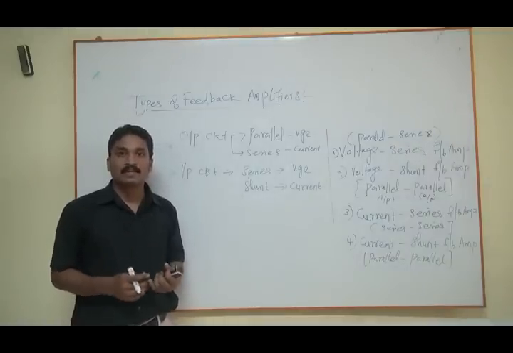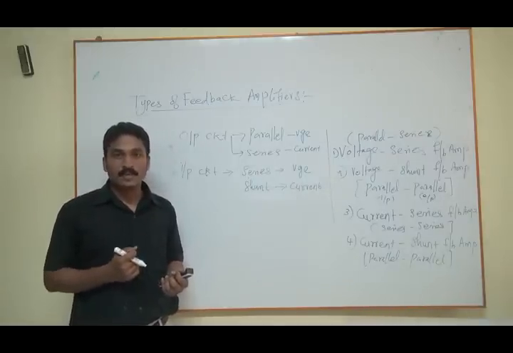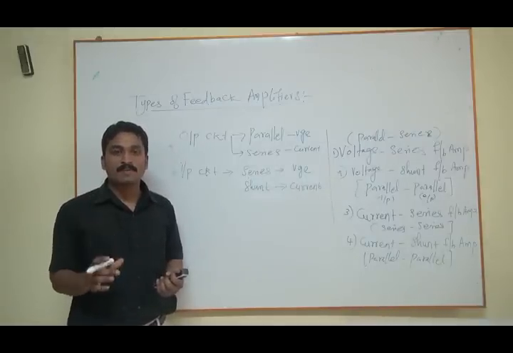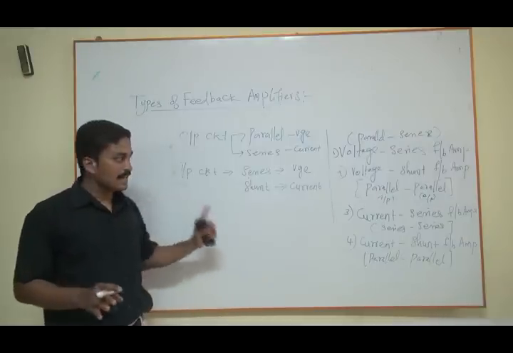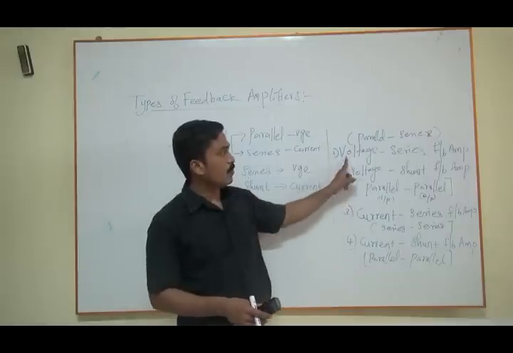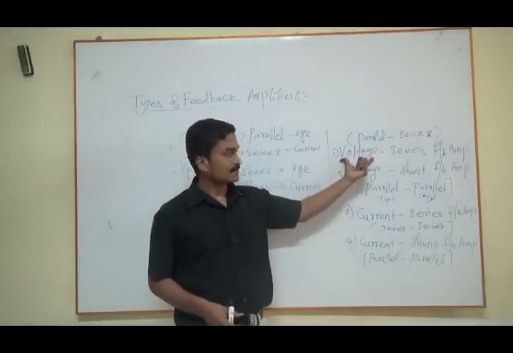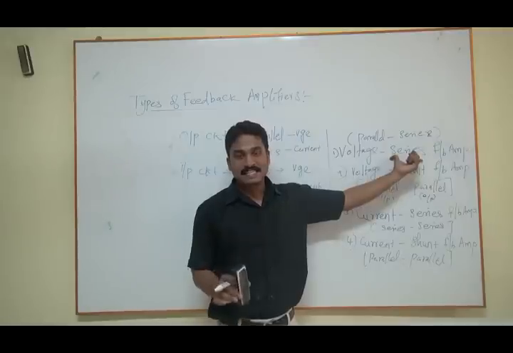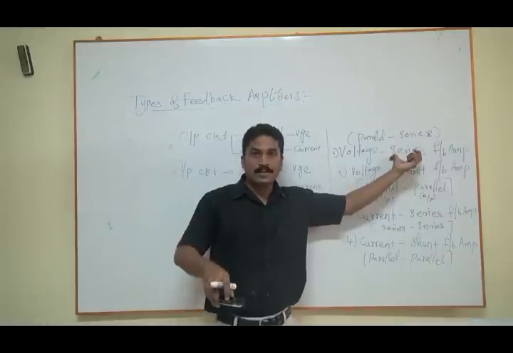And now we can compare these feedback amplifier types with the classification of amplifier types, where we classified general amplifiers into 4 categories, depending upon the input side signal and the output side signal, right? For example, a voltage amplifier means output side voltage, input side also voltage. And here you can see this one, voltage series. Output side is voltage and input side is series. It means it makes some effects on voltage.